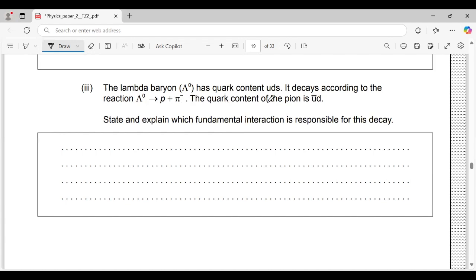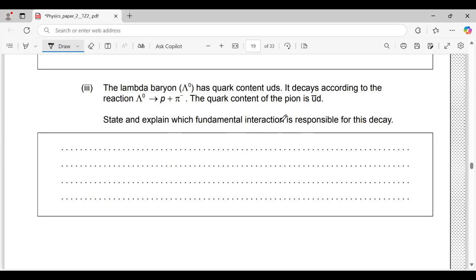The quark content of the pion is an antiquark, up quark, and down quark. State and explain which fundamental interaction is responsible for this decay.